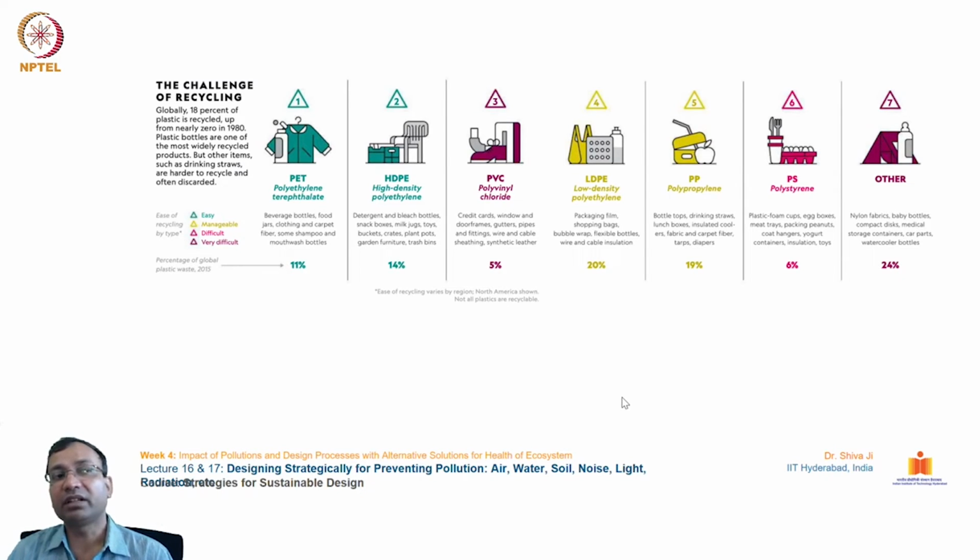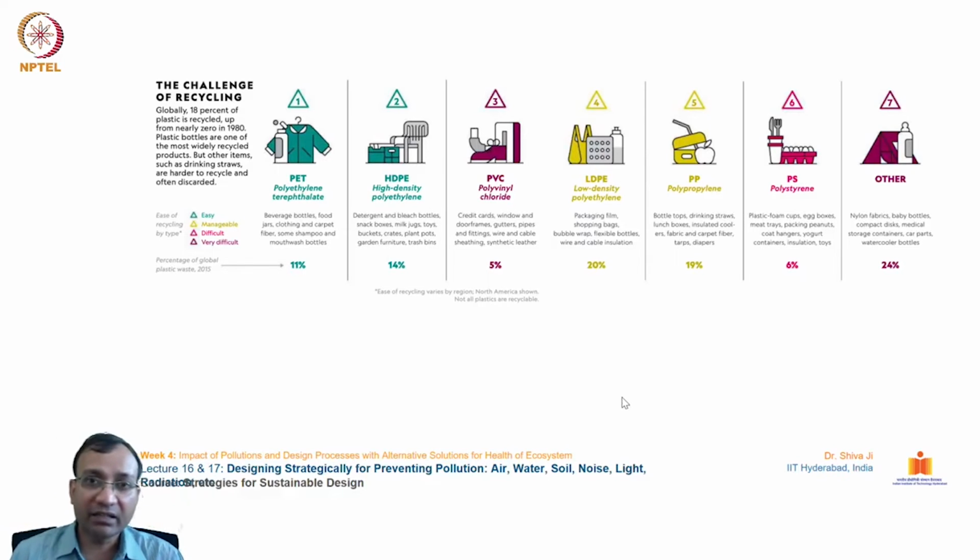The second one is HDPE, high density polyethylene, 14%. The third one is PVC, polyvinyl chloride. We are all aware of this; I think we have seen all of these plastics in our consumption. This forms a bulk of 5%. LDPE, low density polyethylene, constitutes around 20%, very big. Then we have polypropylene, PP, number 5, which constitutes around 19%.